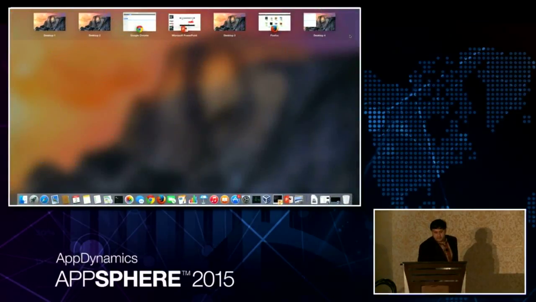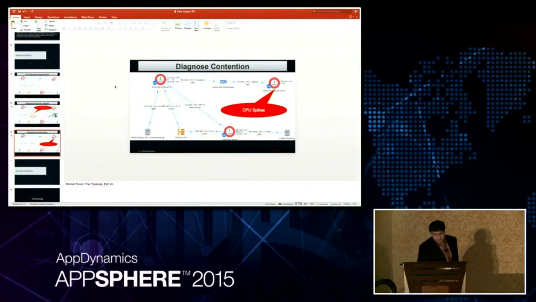Any questions here? That is correct. In the snapshots, when a snapshot happens, we're taking all the server data 15 minutes before and 15 minutes after for the specific snapshot.